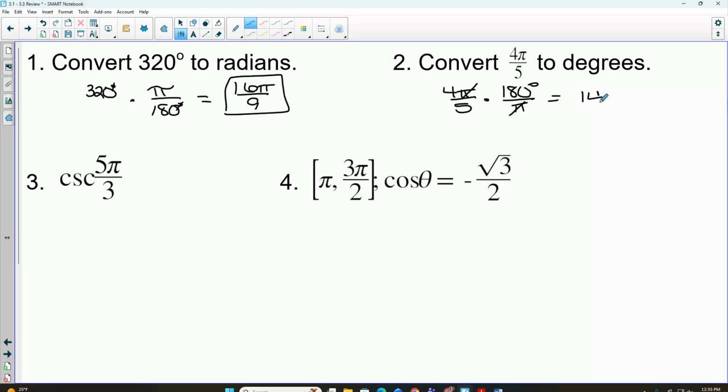Okay. And make sure you put the degree symbol on it, because without it, it's wrong. Any questions there?